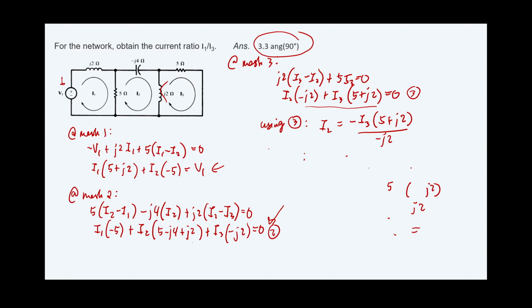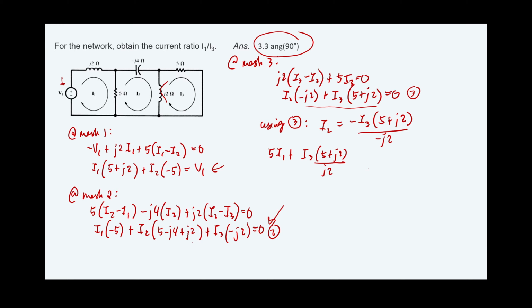And if you use the second equation, we know that in the second equation there's no V1. So replacing I2 with this expression, we can cancel the negative. Okay, so we have 5I1 plus I2, which is I3 (5 plus J2) divided by J2.